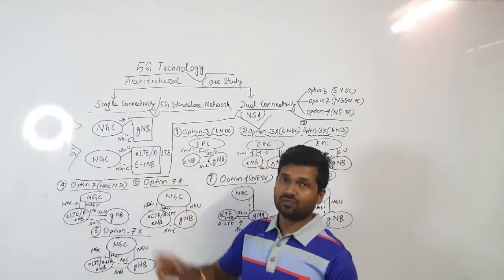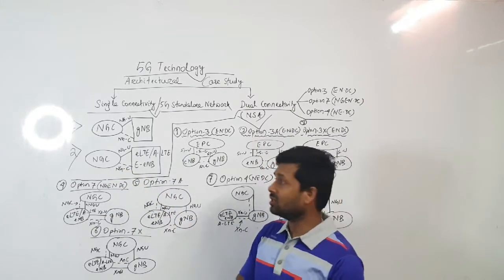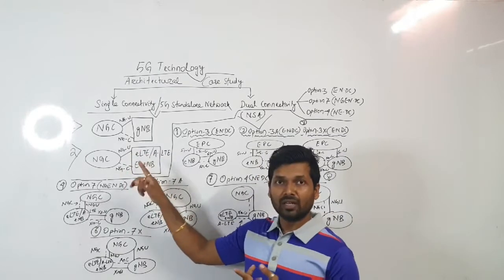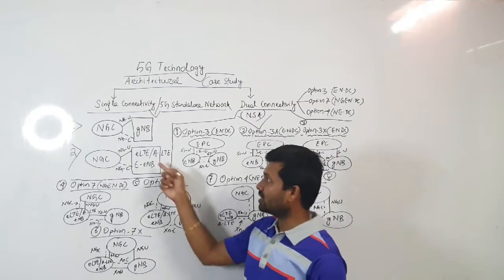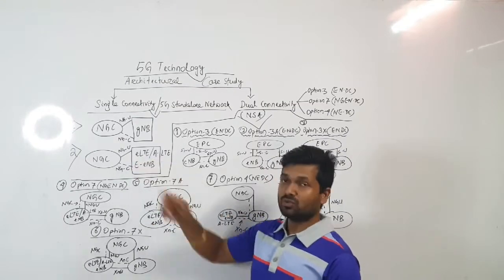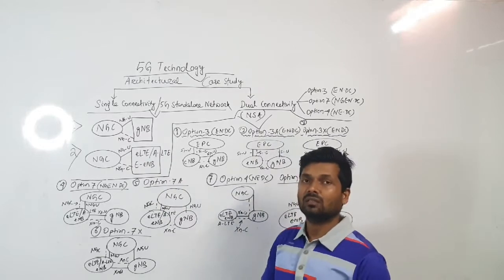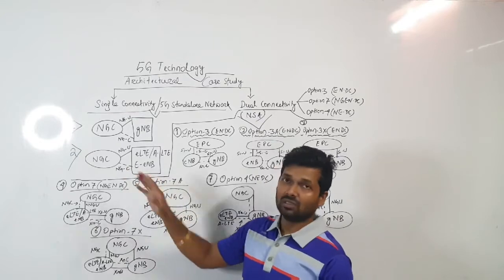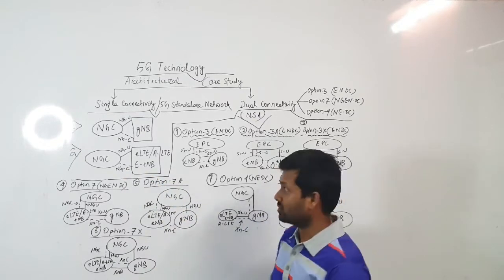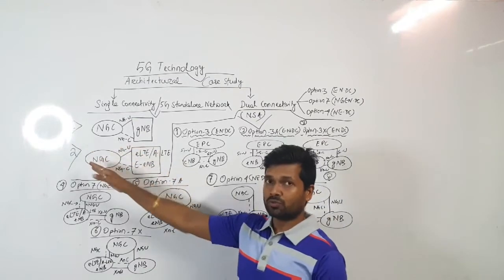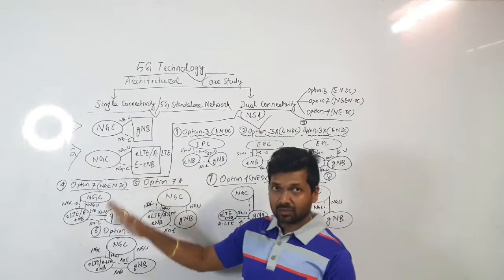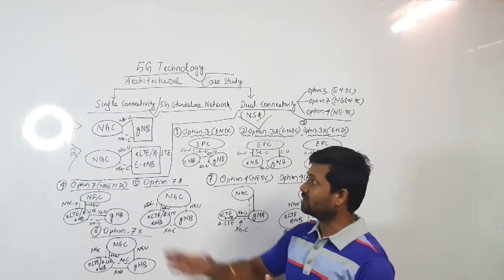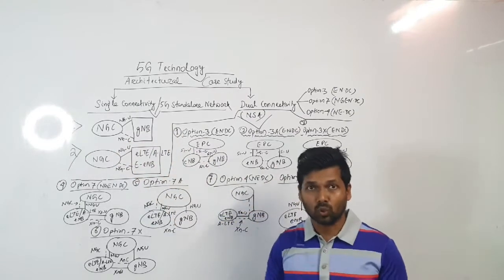The control plane is used for signaling and control information, and then the user plane for user data transmission, both in uplink and downlink. Okay, so you transmit the data through the new generation user plane, and for the new generation control plane you are using that for control and signaling information. Now option 2 and option 5 is over, that is single connectivity, a fully developed 5G network with the next generation or the new generation core.